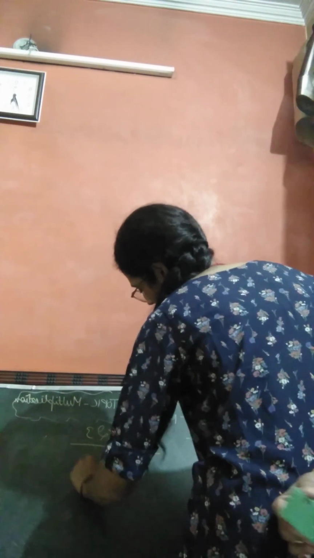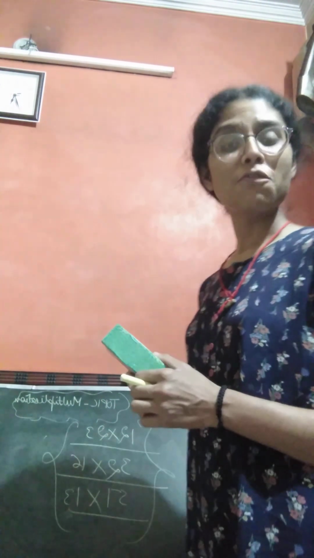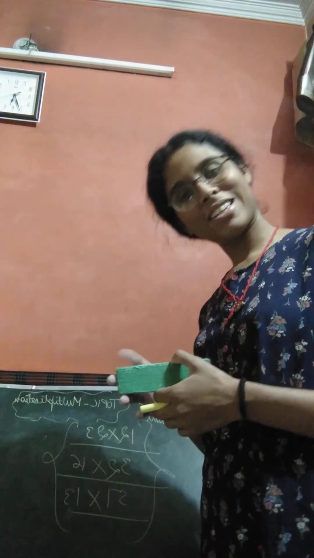There is one more example: 32 multiplied by 16. There's one more: 51 multiplied by 13. So we have to multiply these three pairs of numbers with the same method that I presented in front of you right now. Okay, fine.